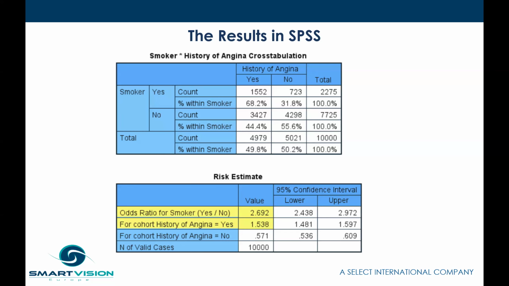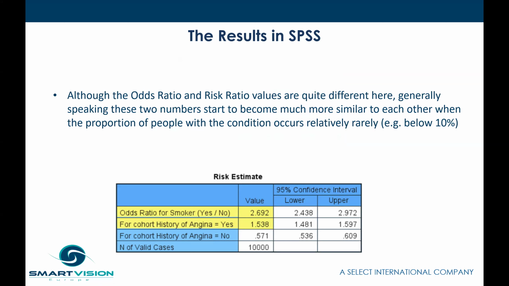Bear in mind that we do get these two values out again exactly as we calculated earlier. So there's the odds ratio, there's the relative risk ratio, and also bear in mind that although the odds ratio and relative risk ratios are quite different here, generally speaking, these two numbers become much more similar to each other when the condition occurs relatively rarely.